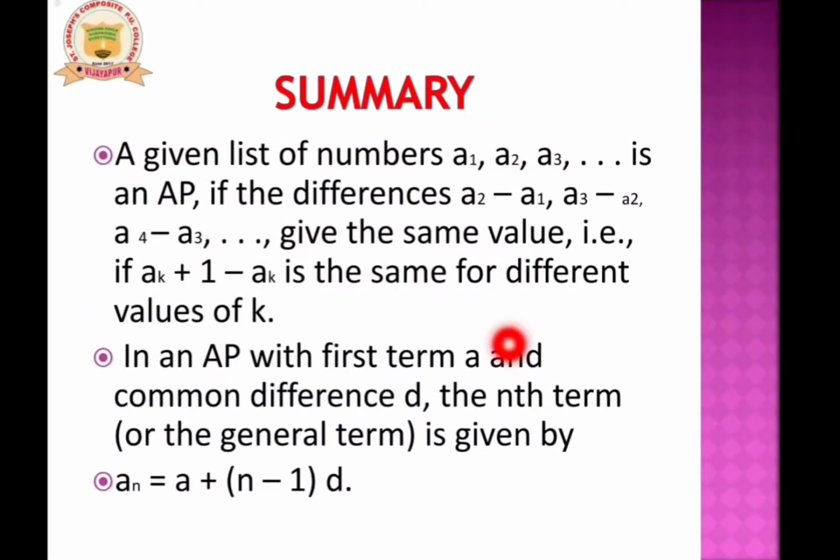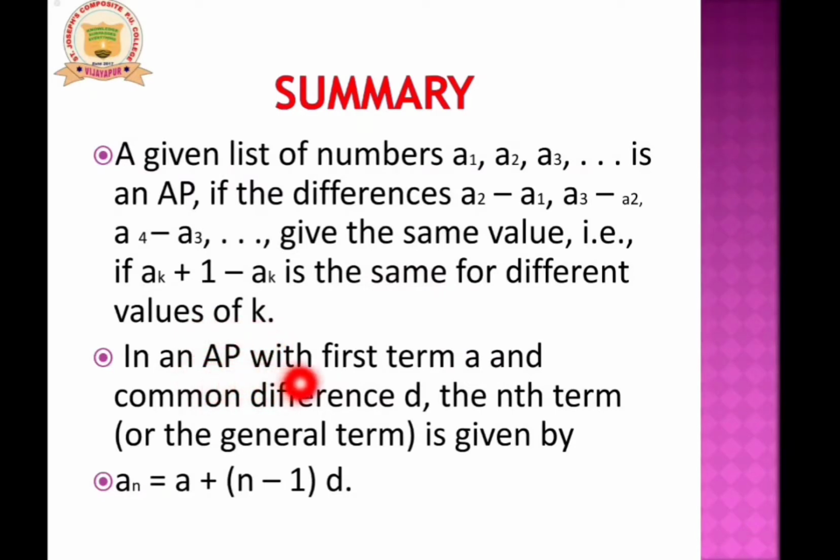A given list of numbers a1, a2, a3, and so on is an AP if the differences a2 minus a1, a3 minus a2, a4 minus a3, and so on give the same value, that is, ak plus 1 minus ak is the same for different values of k.